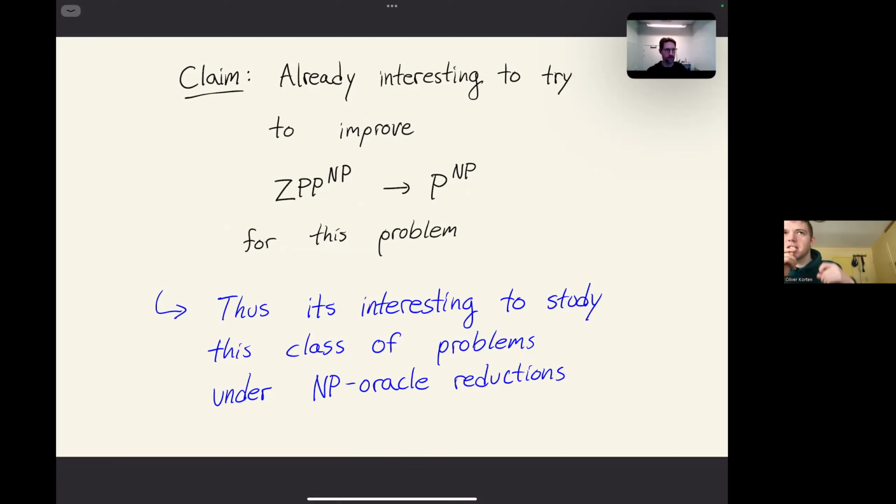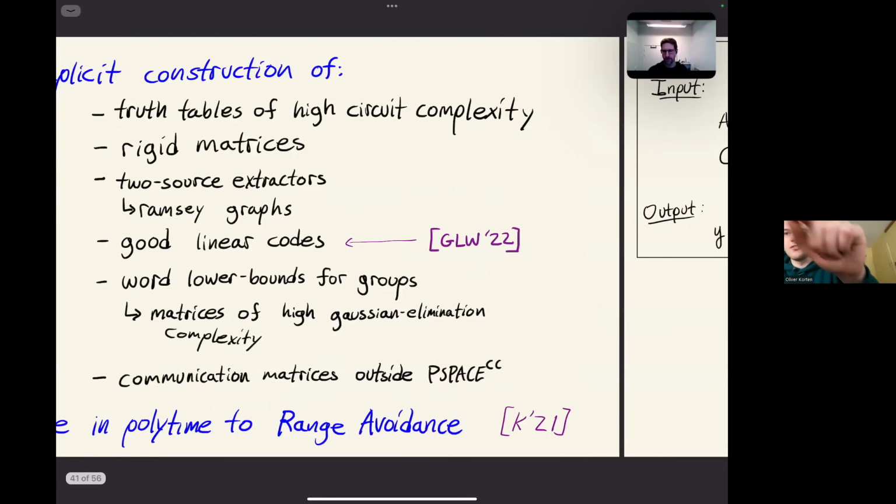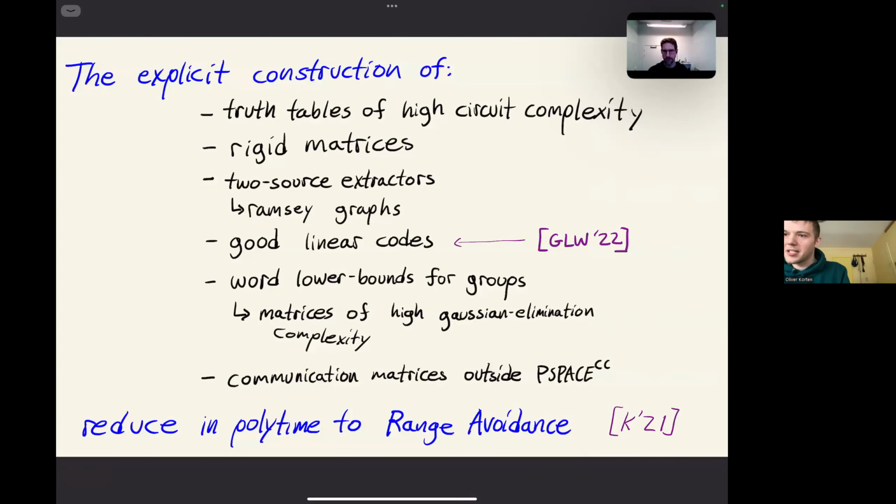And I mention this specifically for truth tables, or in other words, proving circuit lower bounds. But this also holds for a lot of these other unsolved problems, like rigid matrices or randomness extractors.